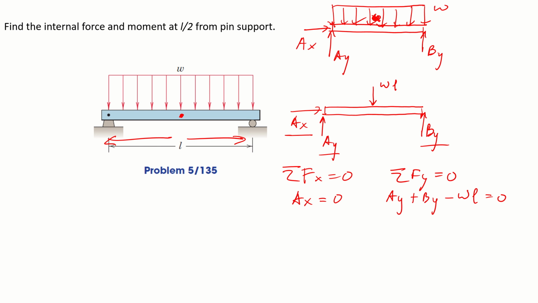Then sigma moment at A is equal to 0. In this case, what I will get is wL multiplied by L per 2 minus By multiplied by L is supposed to be 0. Okay, in this case, we will be able to find By.